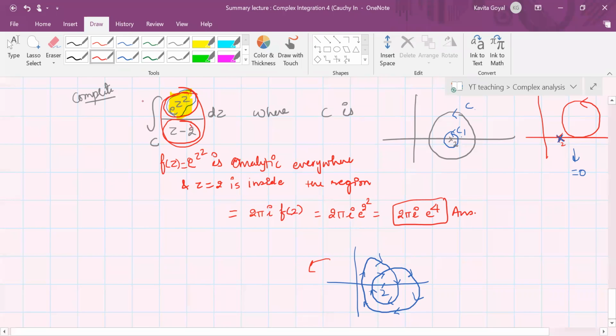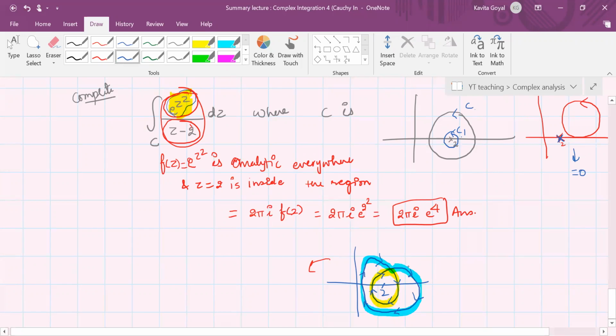What we can do is break this total curve C. I can take this part. Is it positively oriented or negatively oriented? Negatively. Negatively oriented, right? And then you can take this part also. This is one closed curve, in the blue line, and the yellow is also one closed curve.